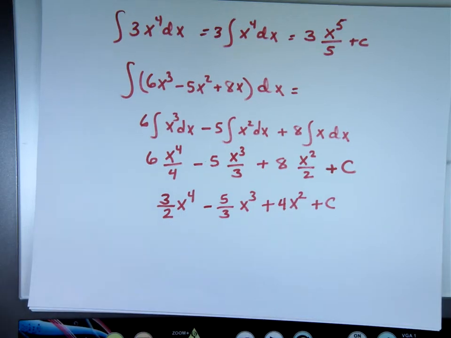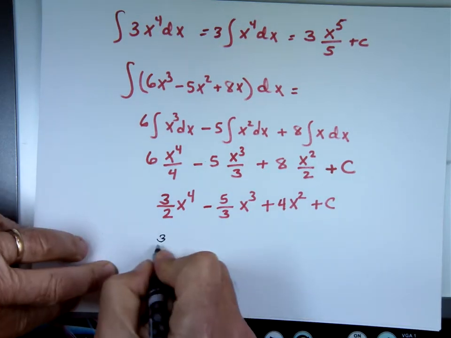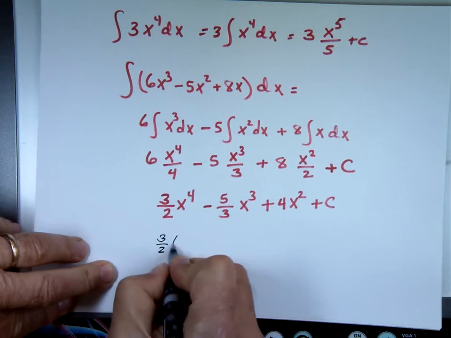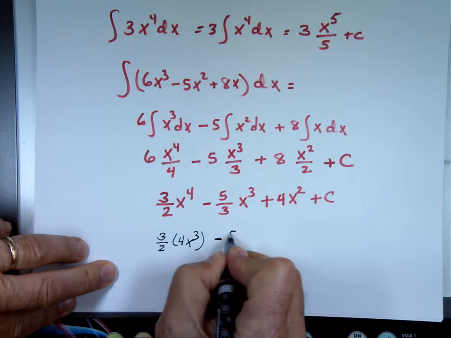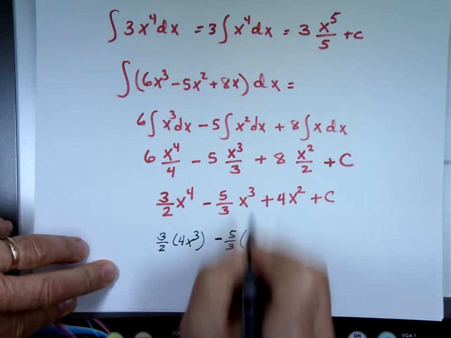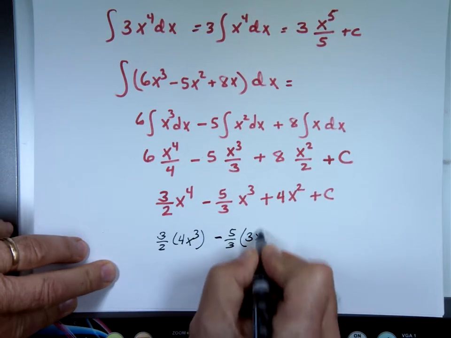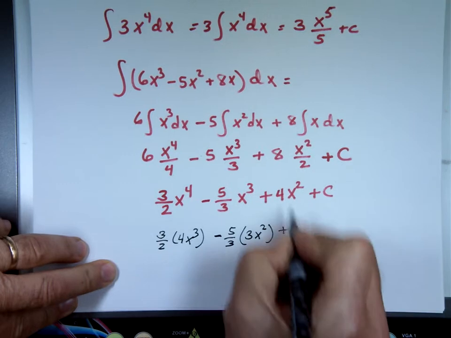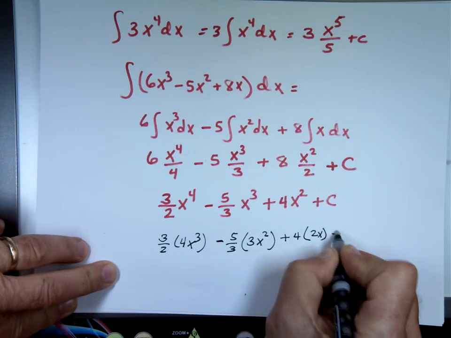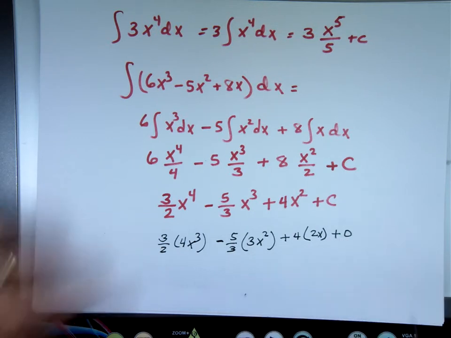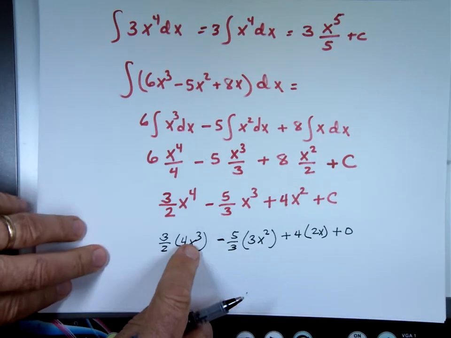So let's take the derivative, 3 halves. What's the derivative of x to the fourth? 4x to the third. What's the derivative of x cubed? What's the derivative of x squared? And the derivative of any constant is what? 0. Let's clean it. 3 times 4, 12 divided by 2.